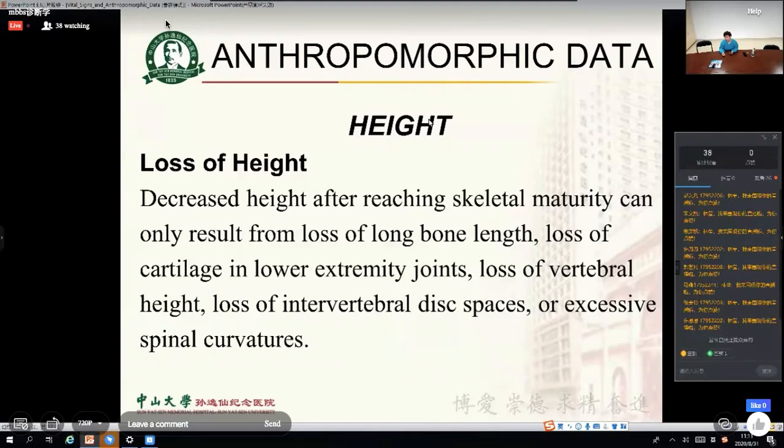These are in the elderly patients. They may lose height resulting from all of this, like the bone, the cartilage, the vertebral height, the intervertebral disc, and excessive spinal curvatures. We can see this in the elderly patients.